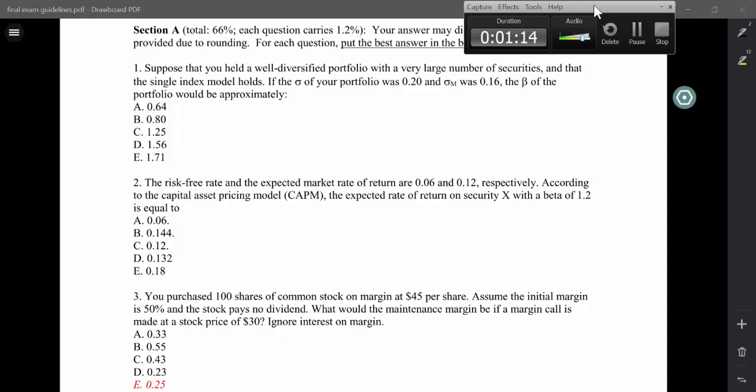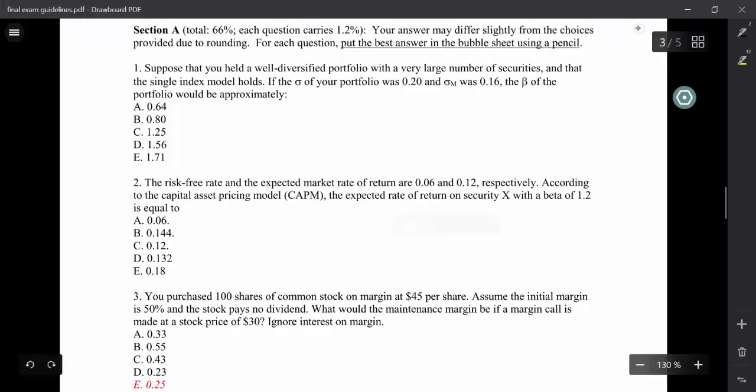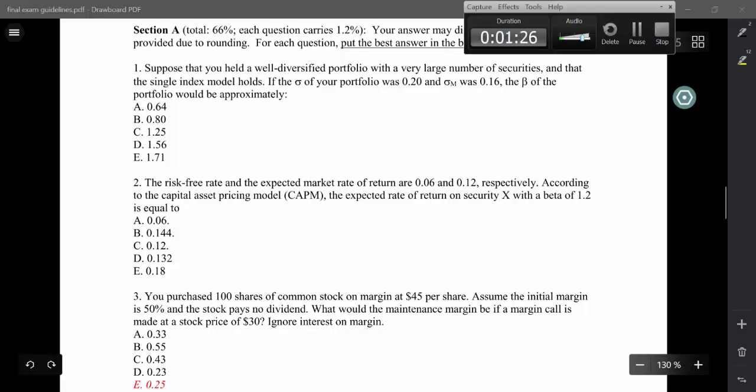Now for that, the actual formula that you would need to use is this one. The beta of the portfolio is the ratio of your portfolio's variance divided by the market's variance.